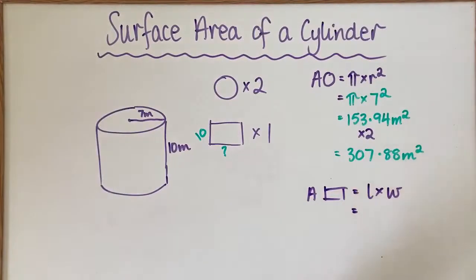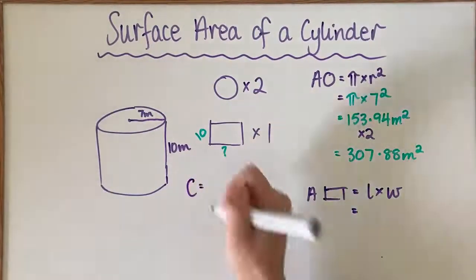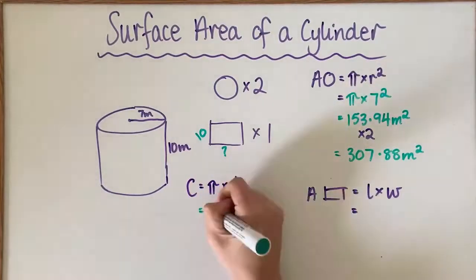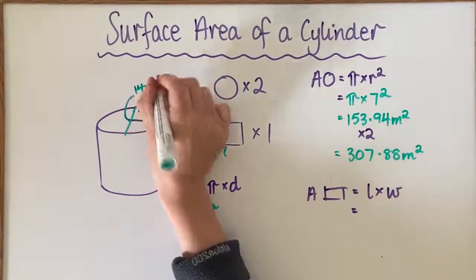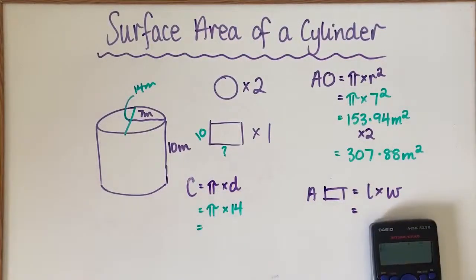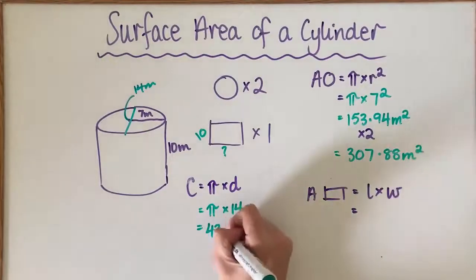So what we actually need to do is find the circumference of the circle, which would be pi times diameter. Now the diameter is going to be 14 meters because it's twice the radius. I'm going to do that on my calculator. That's going to be 43.98.